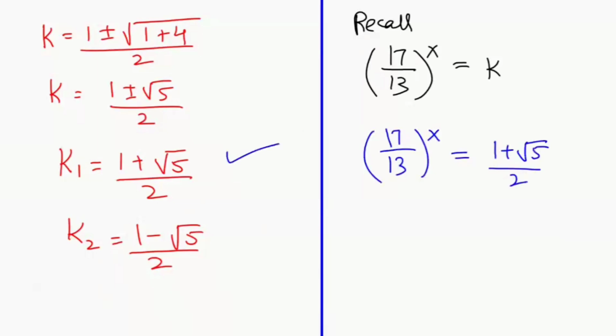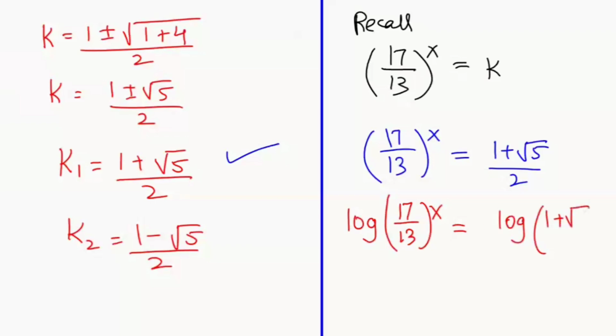This I took first. Now I am going to take log on both sides. Log of 17 over 13 whole to the power of x is equal to log of 1 plus root 5 over 2.